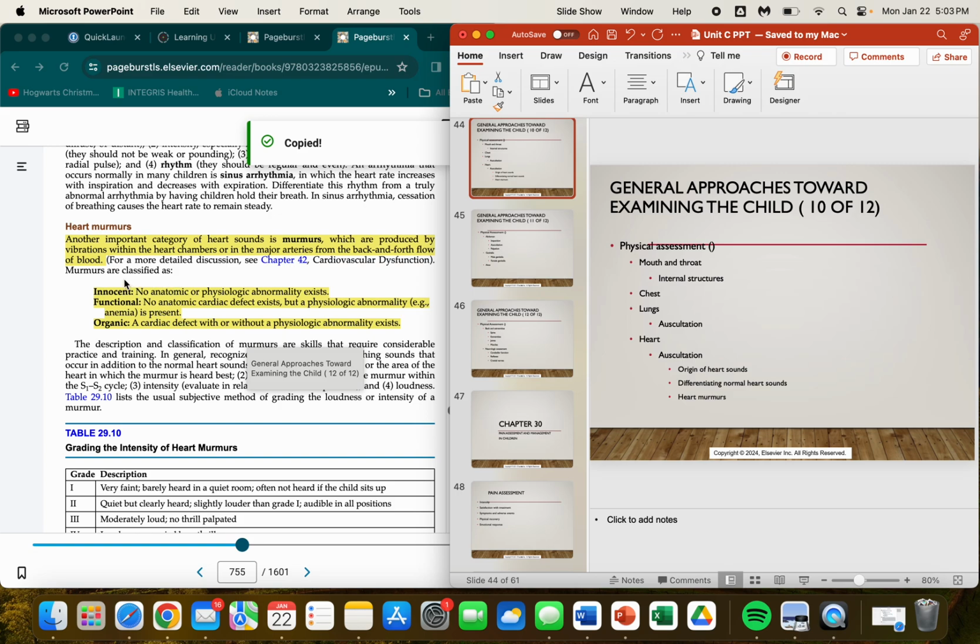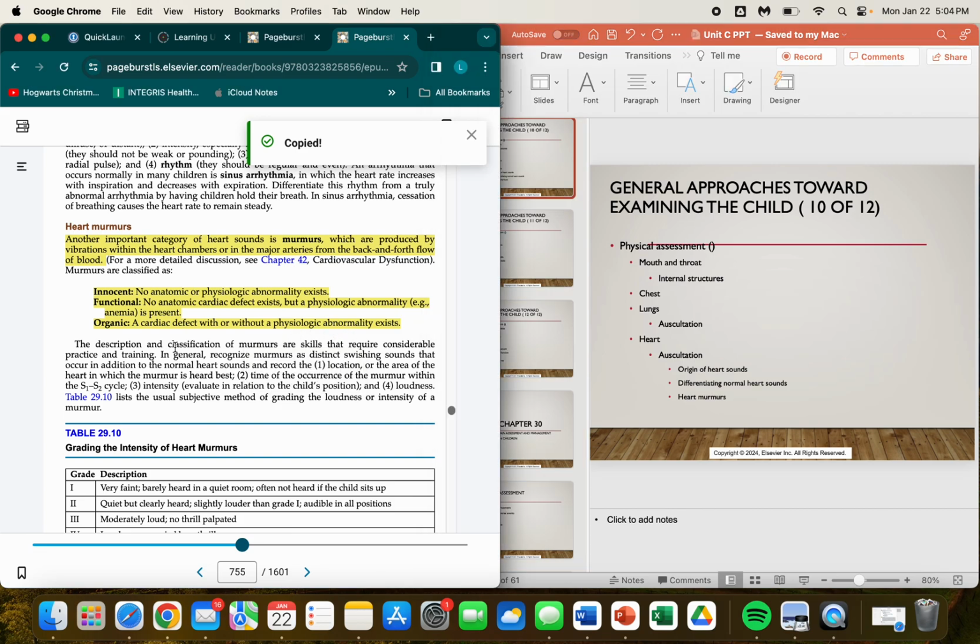An innocent murmur means there's no anatomic or physiologic abnormality. You just have a little bit of a murmur, a little bit of an adventitious sound. A functional murmur means there's no anatomic defect, but there is a physiologic abnormality, like maybe they're anemic, but there's no physical defect. And then organic is a cardiac defect with or without a physiologic abnormality.